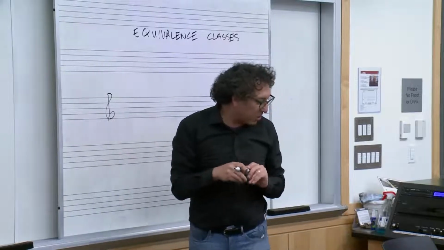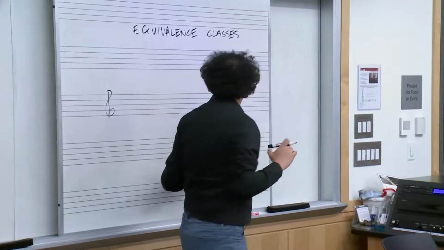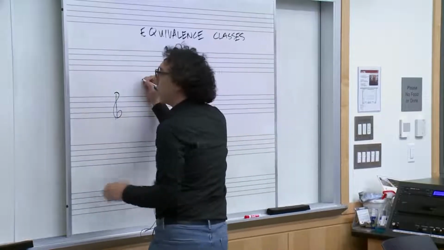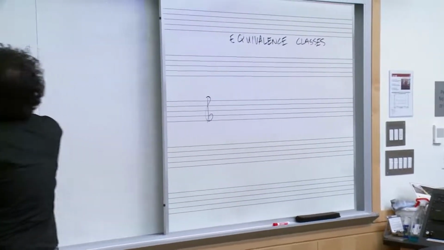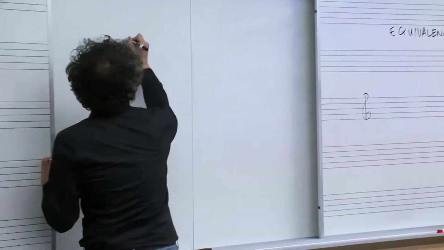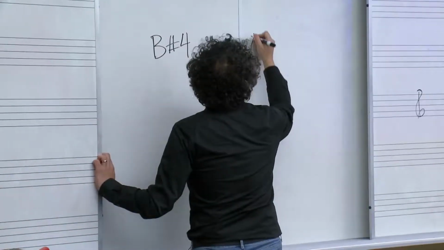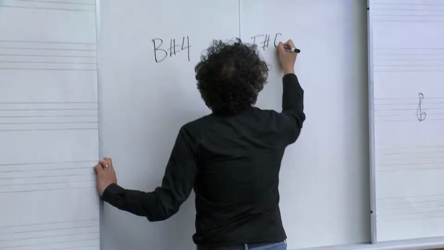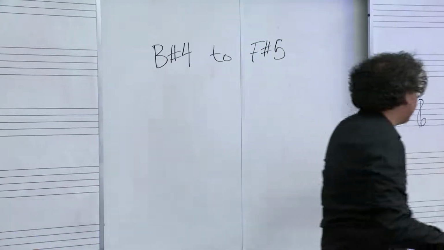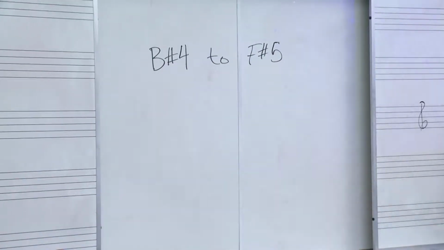So I can't apparently lead a discussion and write things on the board. But I want to talk about two things that came up a lot. One of them I don't need notation for, and one of them I do. B sharp 4 to, it doesn't really matter, F sharp 5.